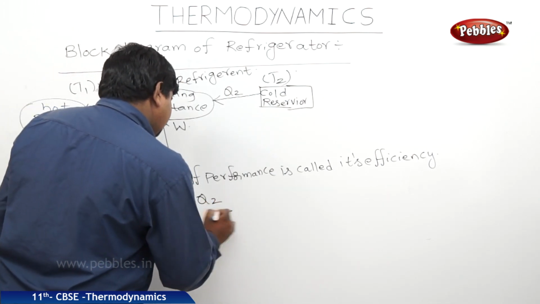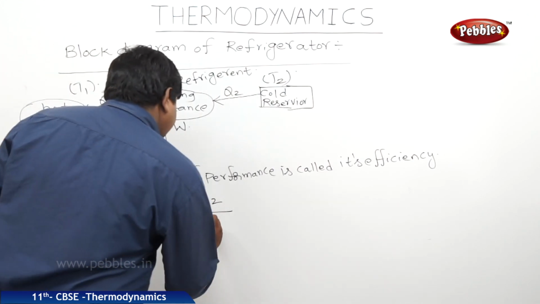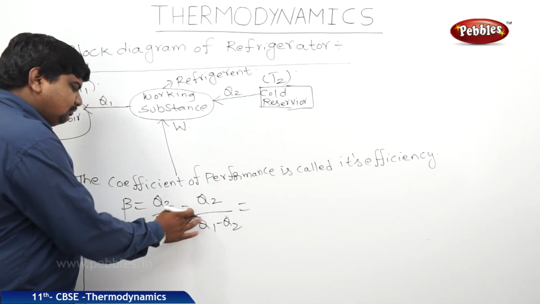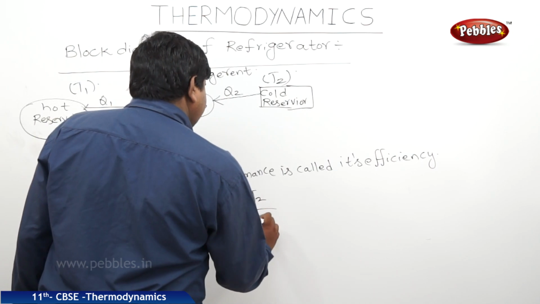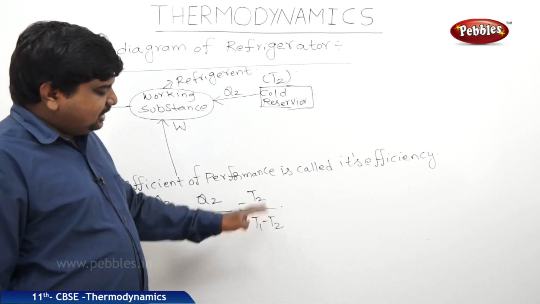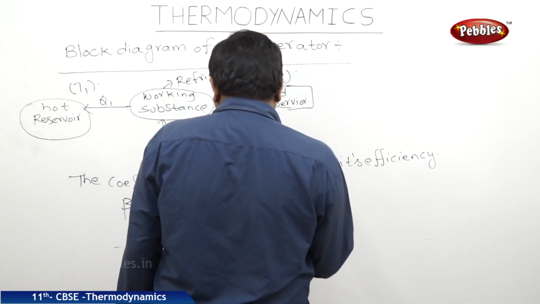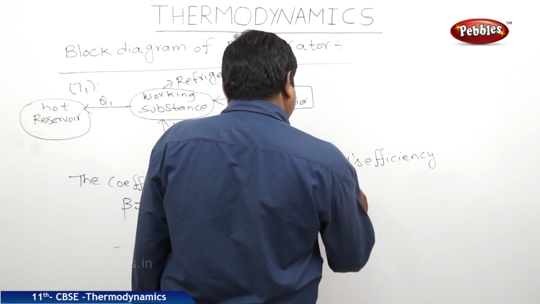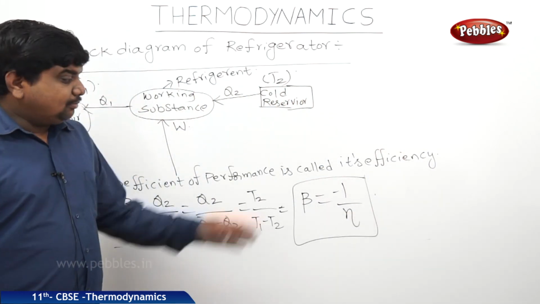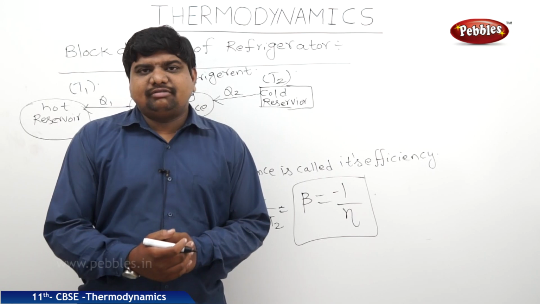So beta is equal to Q2 by W, which is Q2 by Q1 minus Q2. In terms of temperature, we can write this as T2 by T1 minus T2. So it is T1 minus T2 by T2, so T1 by T2 minus 1. So beta is equal to 1 by eta minus 1, where minus indicates reverse in the order, and 1 by eta indicates the reciprocal of the value.